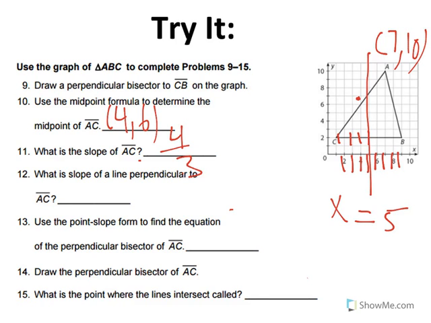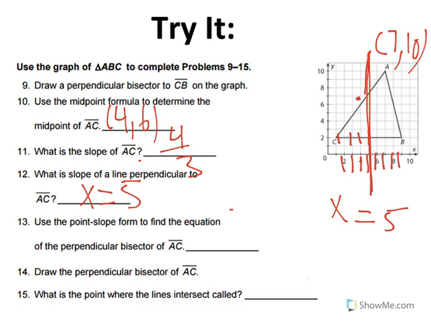And for number 11, what is the slope of a line perpendicular to AC? So this is our perpendicular line. So we say that this is x equal to 5. For number 13, use the point-slope form to write the equation for the perpendicular bisector of AC.